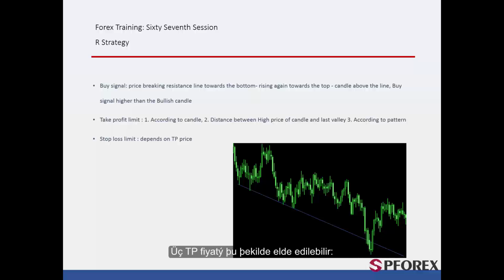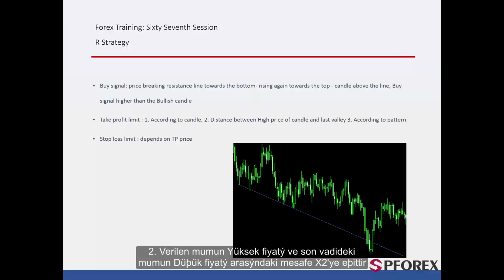3 take-profit prices can be derived as follows. 1. The length of the bullish candle that forms above the resistance line equals x1. Thus, the first TP price can be x1 pips higher than the entry price. 2. The distance between the high price of the given candle and the low price of the candle on the last valley equals x2.